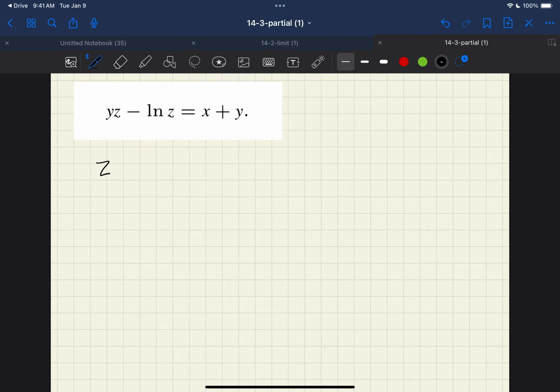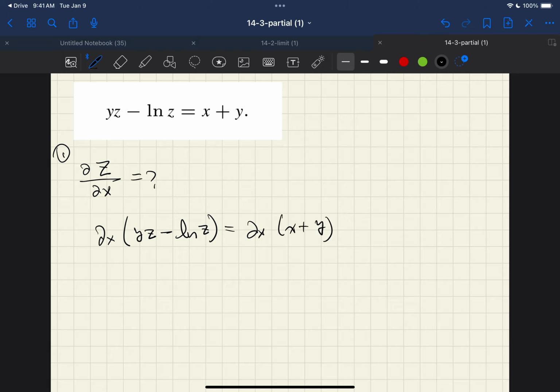All right, what is the partial derivative with respect to x? To do that, what I do is I will take the x derivative of both sides. So what it means is I will do partial x of (yz minus log z), partial x plus y.